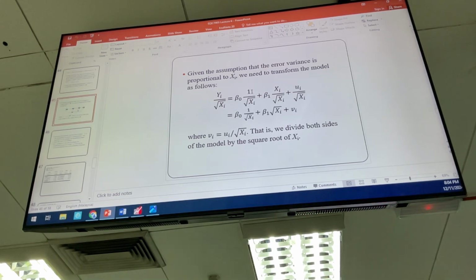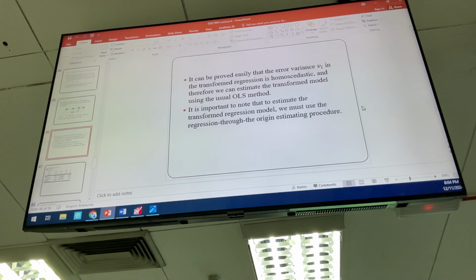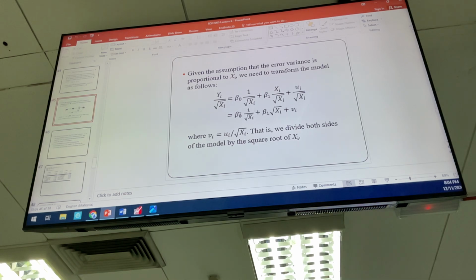In the transformed equation, there is a new regressor, 1 over the square root of xi. So we must use regression through the origin, meaning without intercept, because the original intercept now becomes a new regressor.